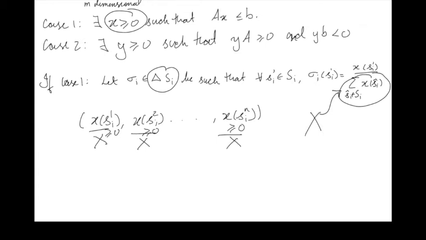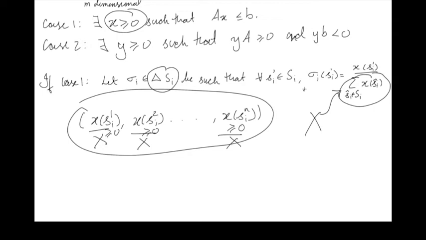And all of these are non-negative, so they're all between 0 and 1. So this thing is a probability distribution over S_i. And that's exactly what we've defined as being sigma_i. So sigma_i is just x divided by the sum of the components of x.